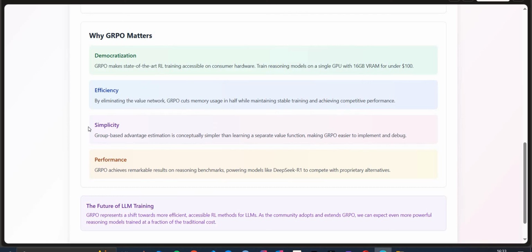GRPO achieves strong results on reasoning tasks and mathematical benchmarks. It powers open source models like DeepSeek R1 that can compete closely with proprietary systems without needing the same scale of infrastructure.